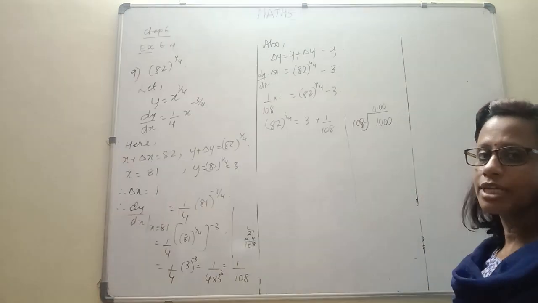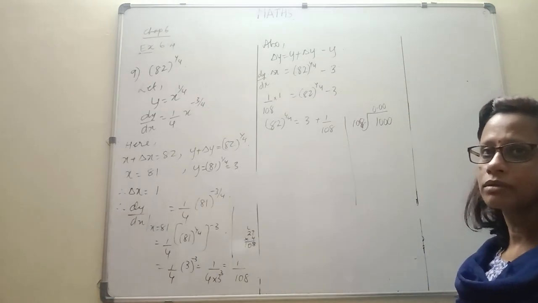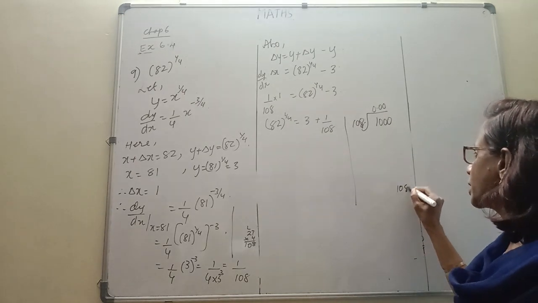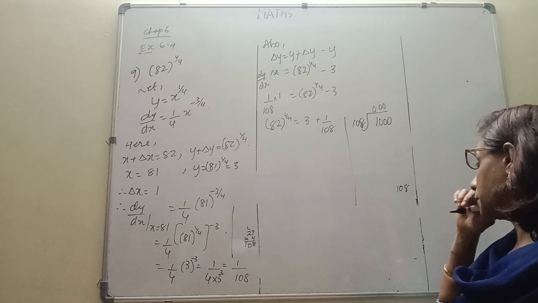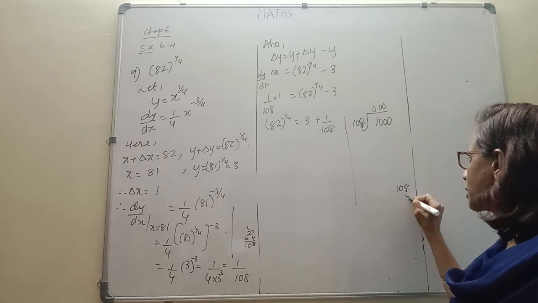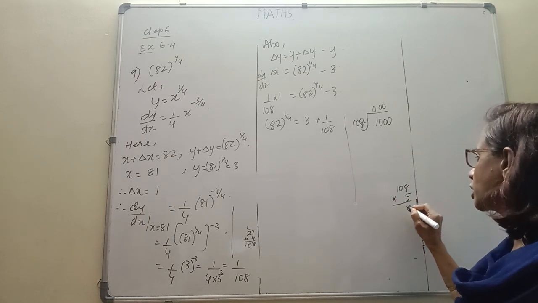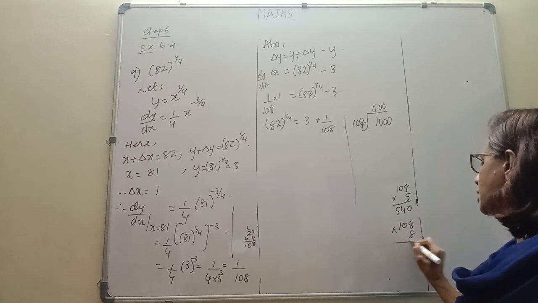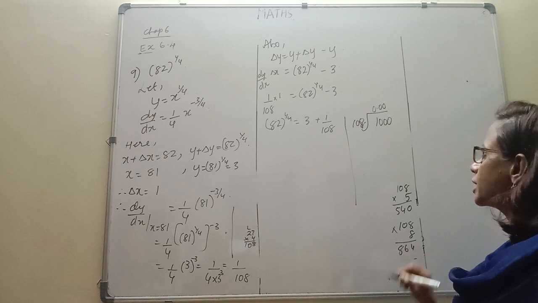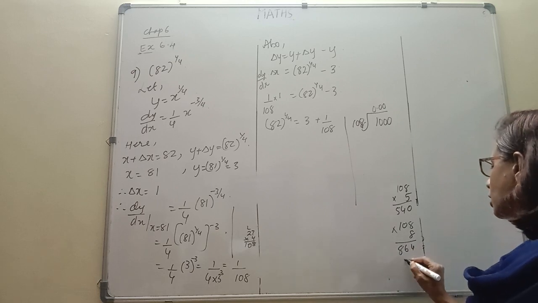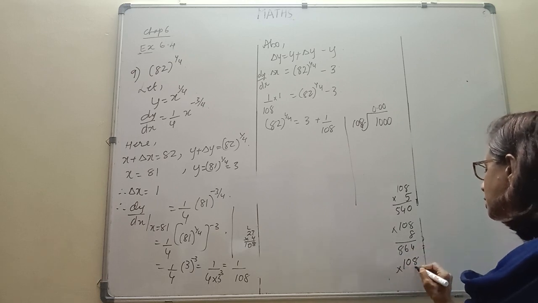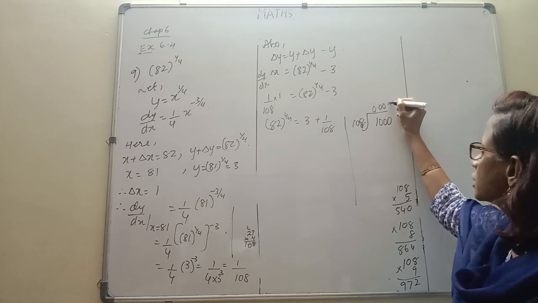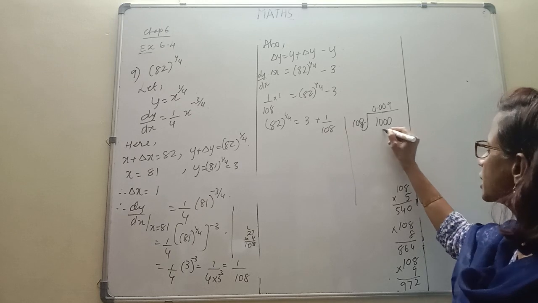So 108 maybe 5 times, which gives a barometer as to how to go. 540, so maybe 9 times or 8 times. 8 eights are 64, or maybe 9 times: 972. 9 is good, 9 times it is 972.